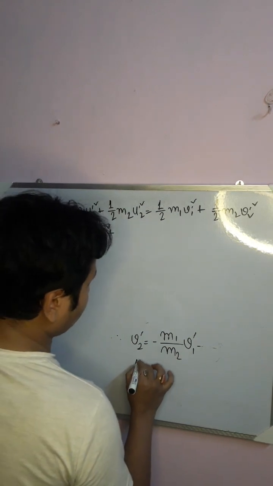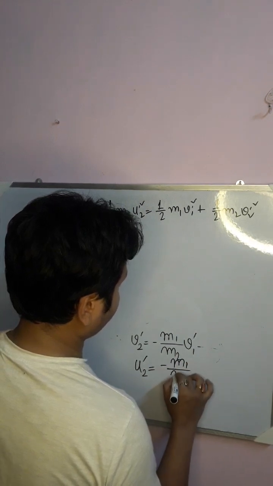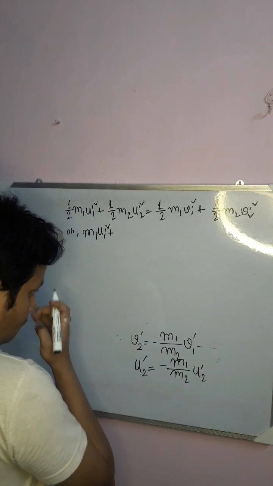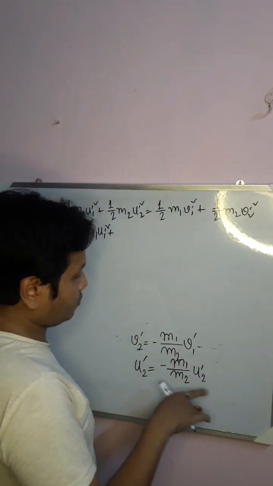Also we can write u2 dash equals minus m1 by m2 into u1 dash, and v2 dash is this and u2 dash is this.